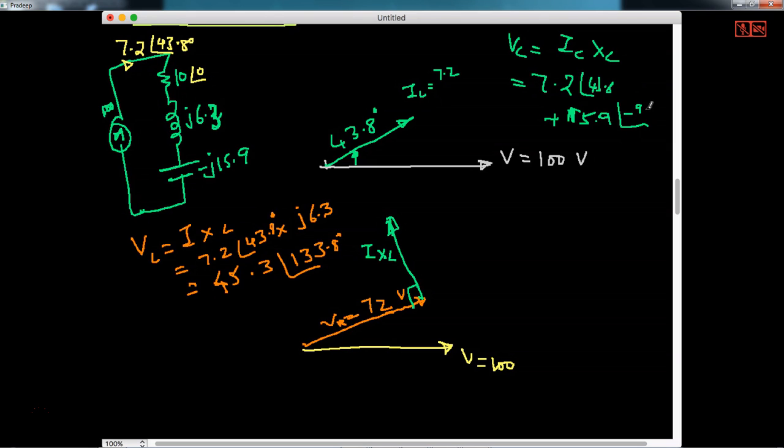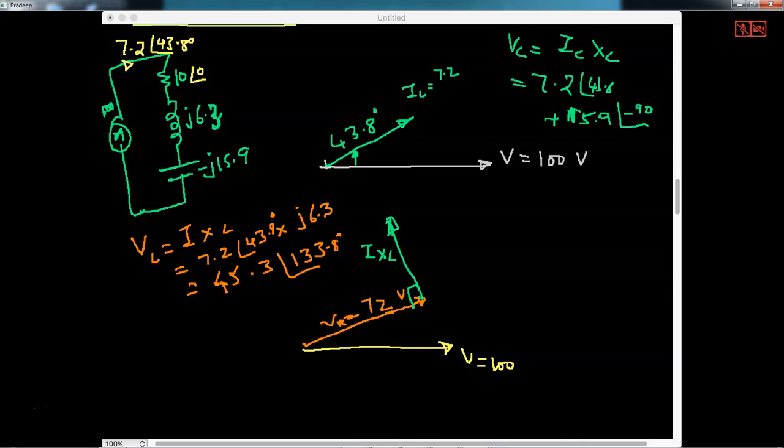What is the magnitude? 7.2 multiplied by 15.9. I'm getting 114.